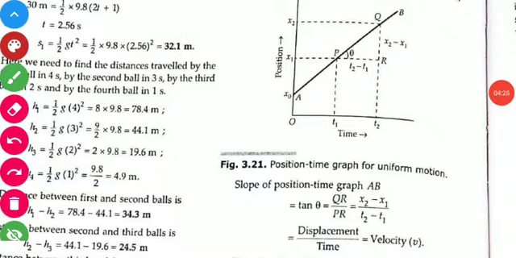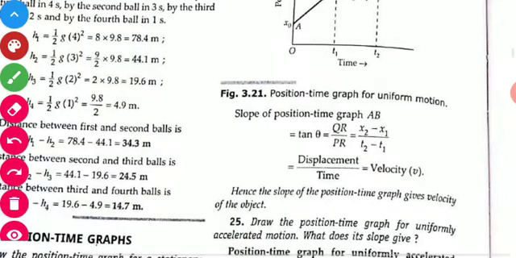So students, x2 minus x1 is the displacement and t2 minus t1 is the time. So this is displacement upon time, which is known as velocity. Hence the slope of the position time graph gives the velocity of the object.